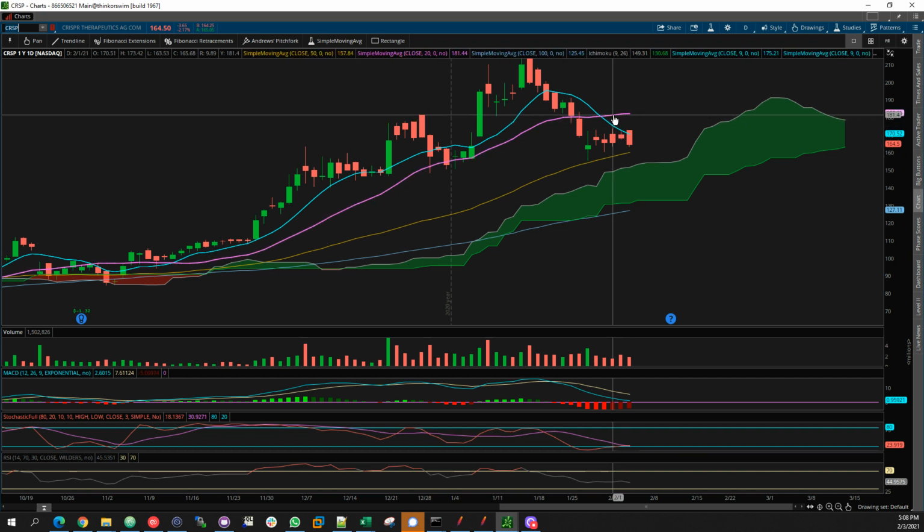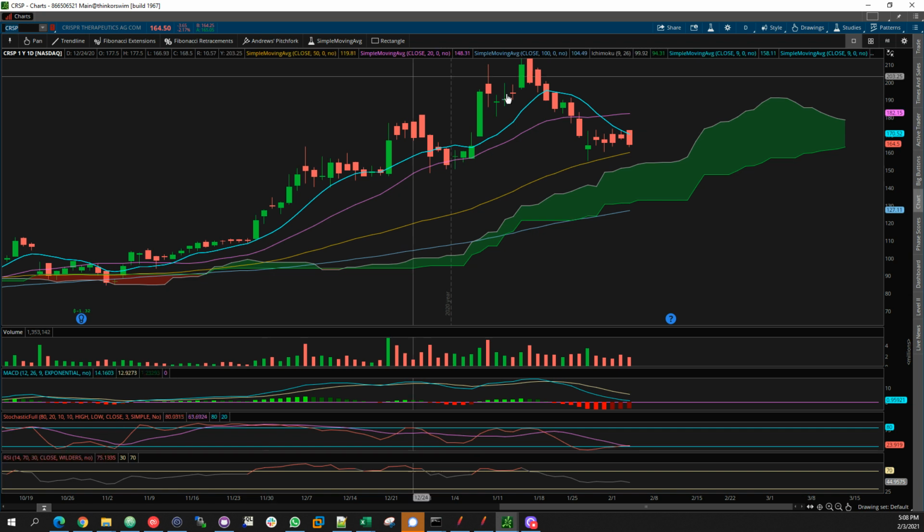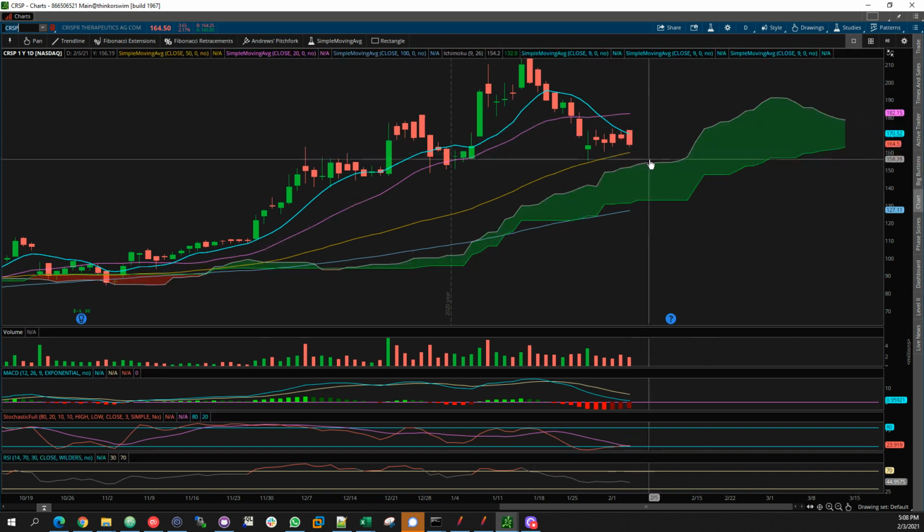It does seem like it could go up to the 20-day moving average, which is 182. At most, the cloud top, and it looks like a resistance here as well. 192 is where you want to sell it. Where you do want to buy it is around 160. So you're sitting right in the middle. The price is about, no, 164. So yeah, you can accumulate, and I think accumulating till 155 would be a good way.